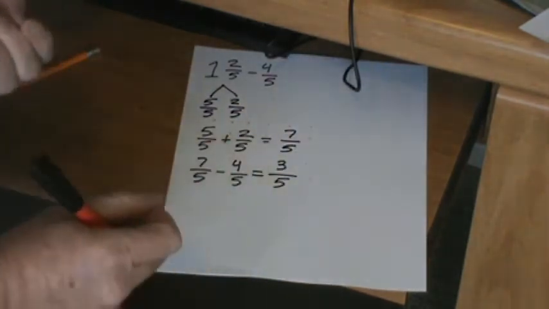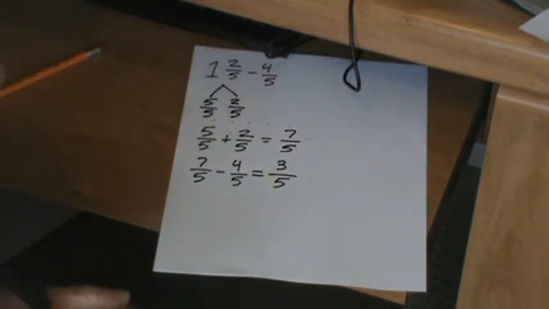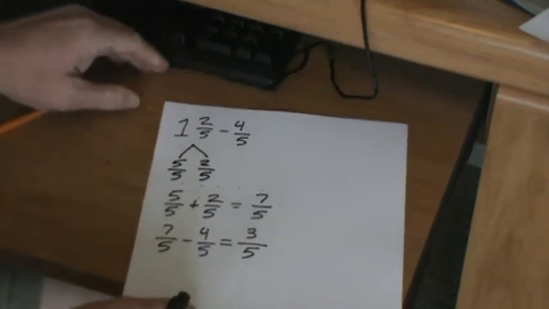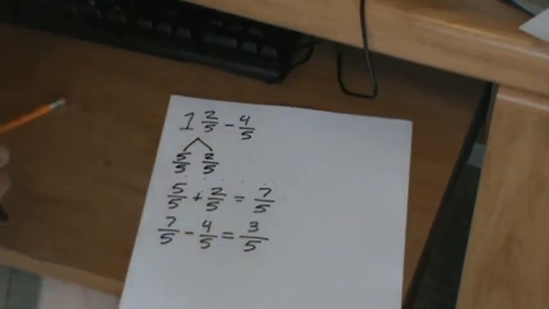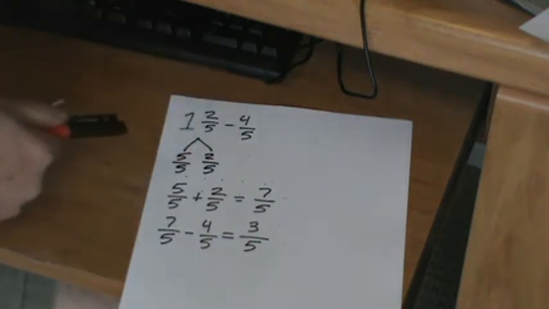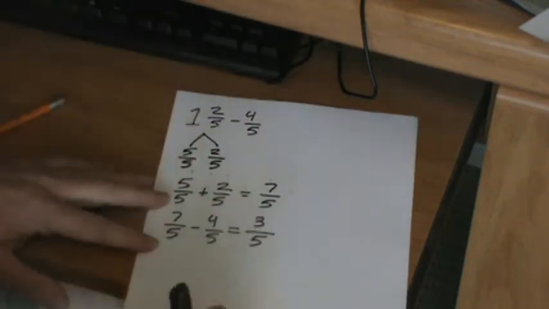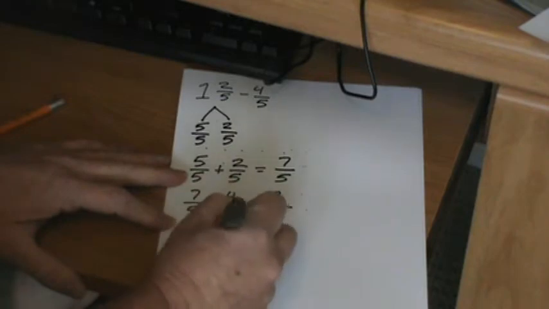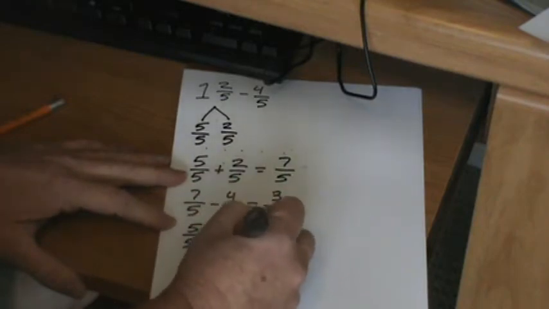And we can also check this through another method. It's kind of different. We can take the 5/5, or 1 whole, right? And we can subtract the 4/5, all right? This is just another way to do this. So we'll take 5/5 minus 4/5.